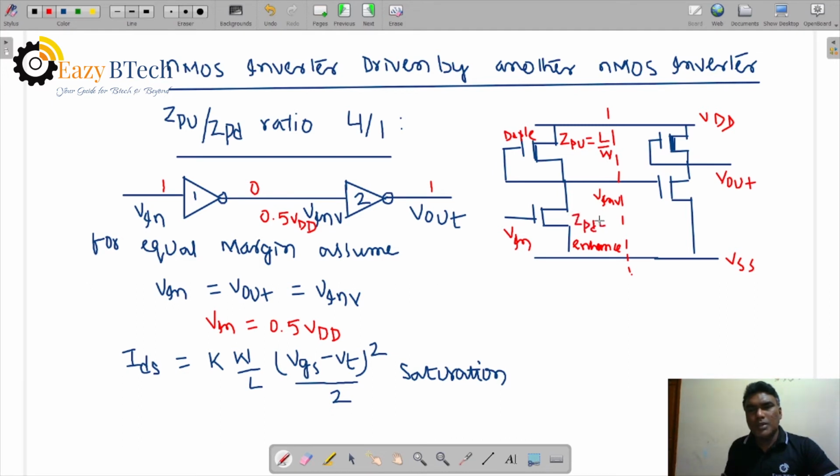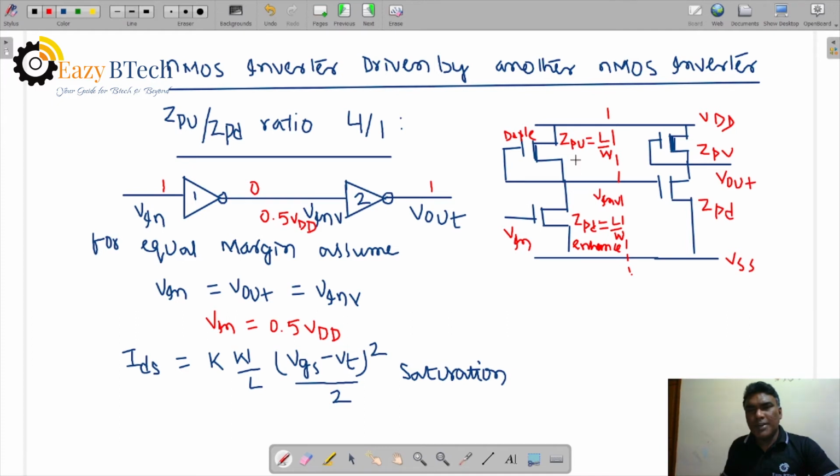The ratio is length by width. So Z pull up and Z pull down.